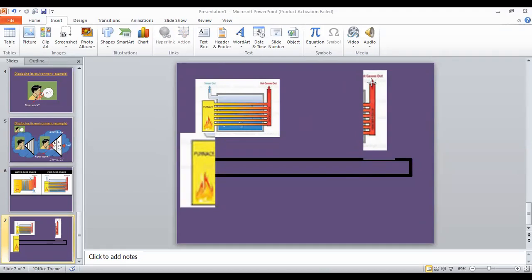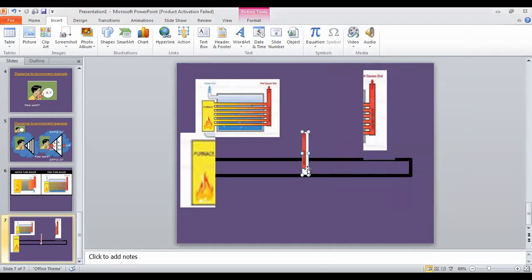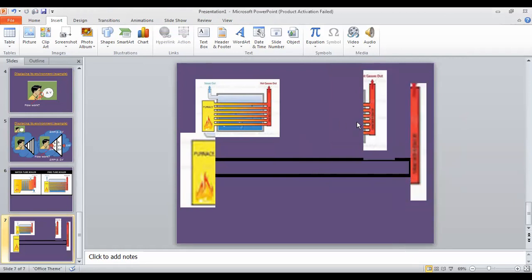It's easy for me to take from here rather than drawing. Also, you feel good. So the hot air rising.